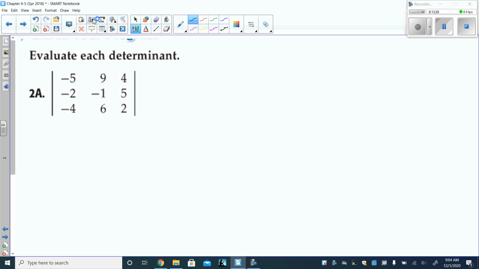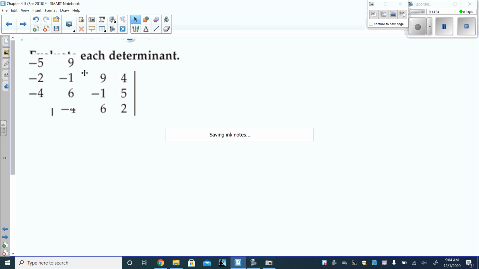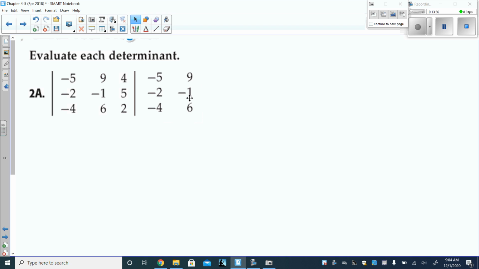Now the first thing we're going to do is copy those first two columns over. I'm going to copy them over right here so that I can see how this looks with our diagonals. Now our set of diagonals are going to be these three here.